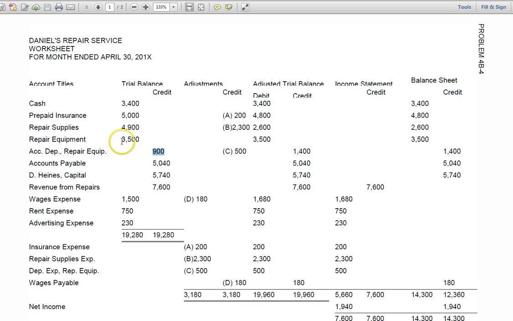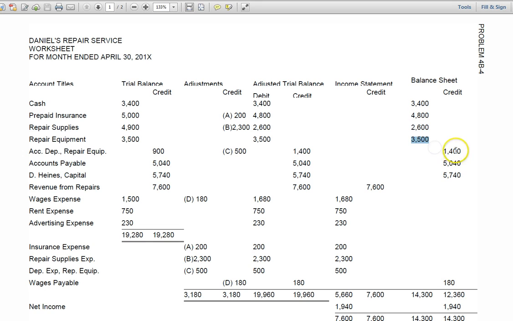So if the asset has a debit balance, the contra asset has a credit balance. And when we do our financial statements, you can see this adjustment put in another, there was a credit of 9 there. We put in another 5 to accumulate the total accumulated of 14, and that travels over to the balance sheet columns.